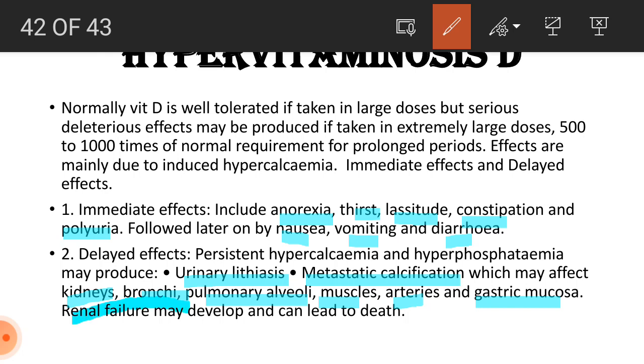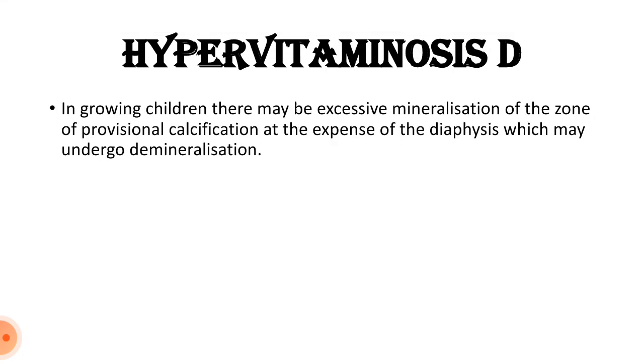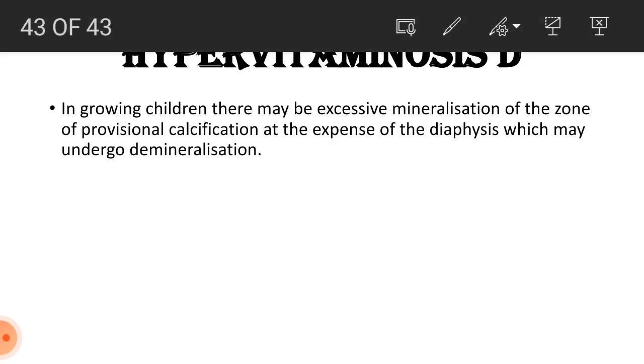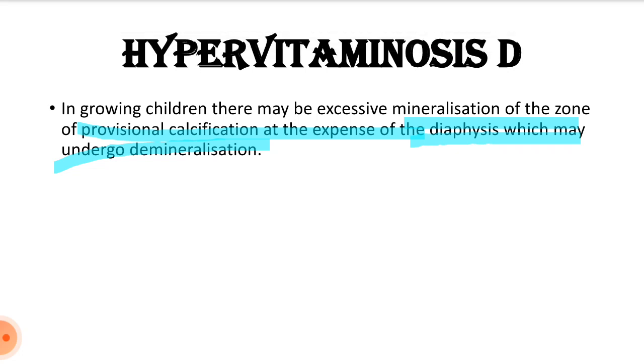Renal failure may develop and can lead to death. In growing children, there may be excessive mineralization of the zones of provisional calcification at the expense of diaphysis, which may undergo demineralization. So with this, we end the topic on vitamin D.